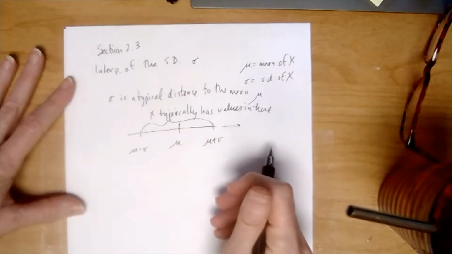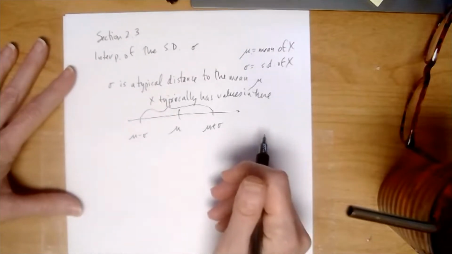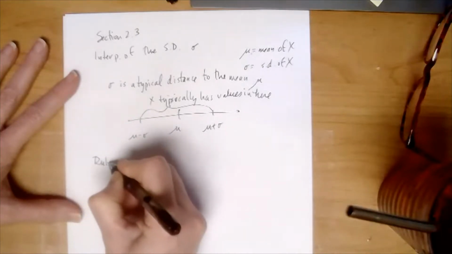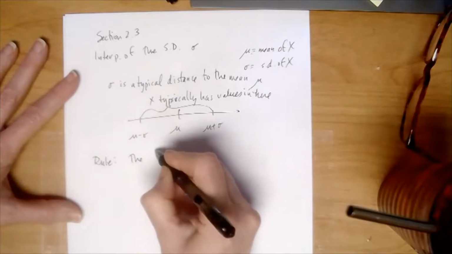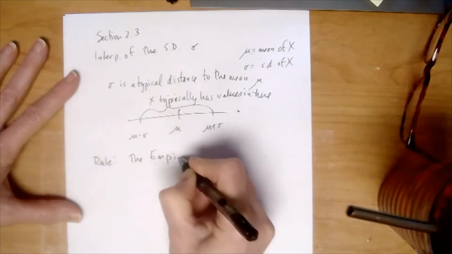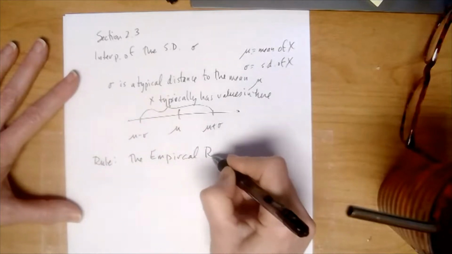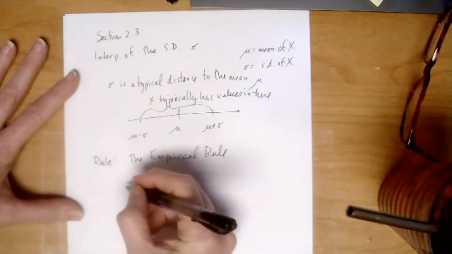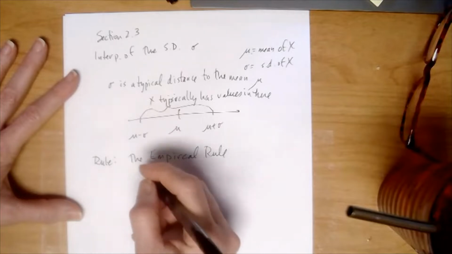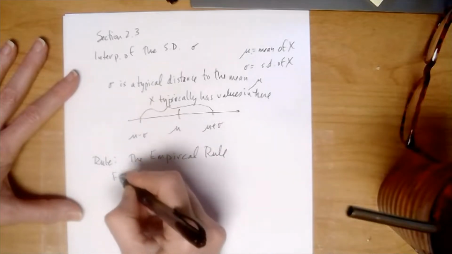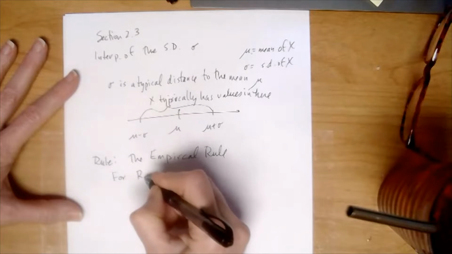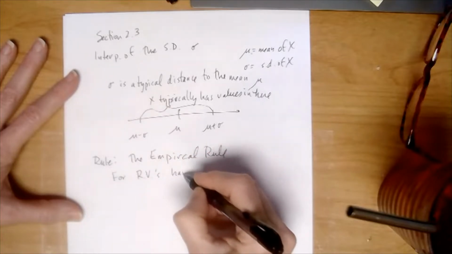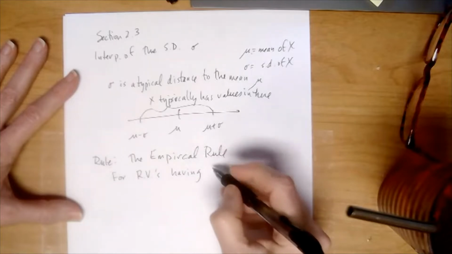All right. So now I'm going to give you a rule, and it's called the empirical rule. And the empirical rule is this. All right. And this is for random variables having reasonably large number of values.